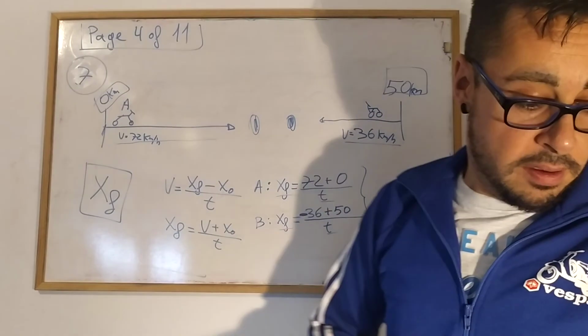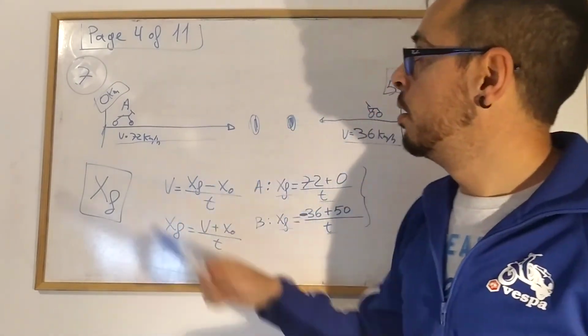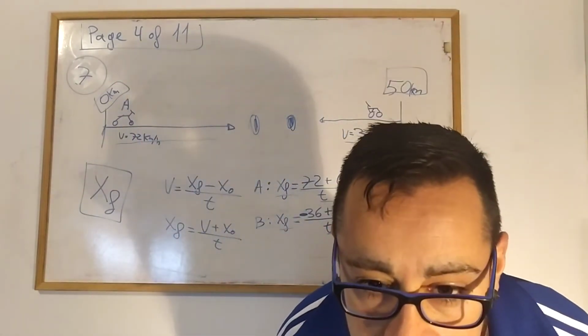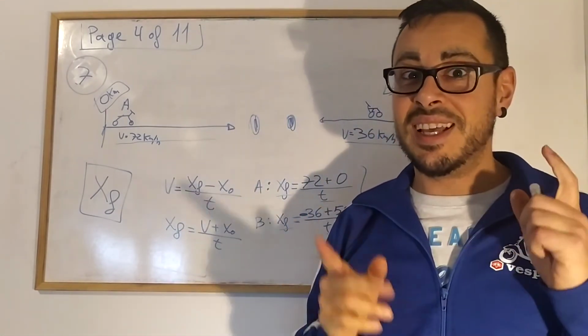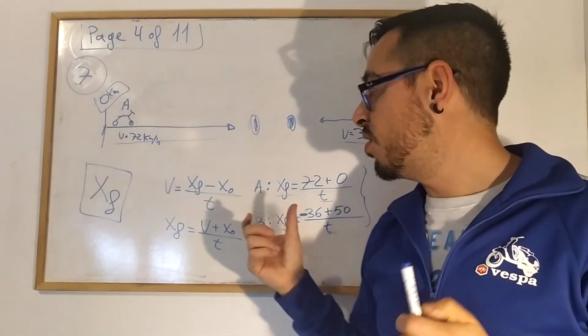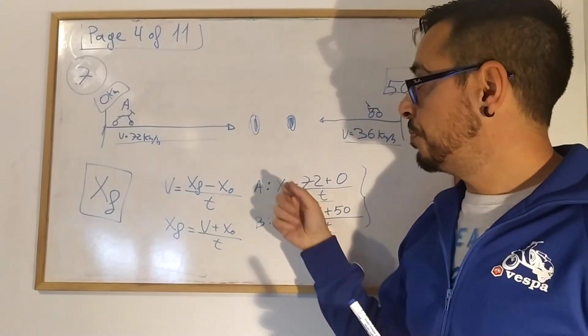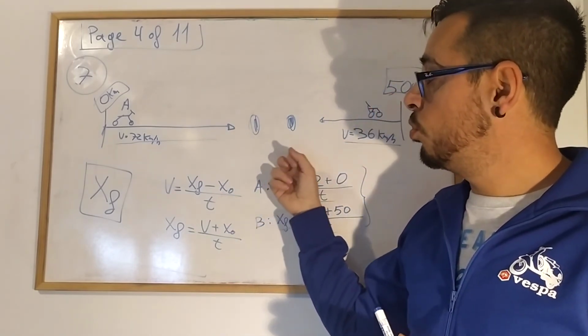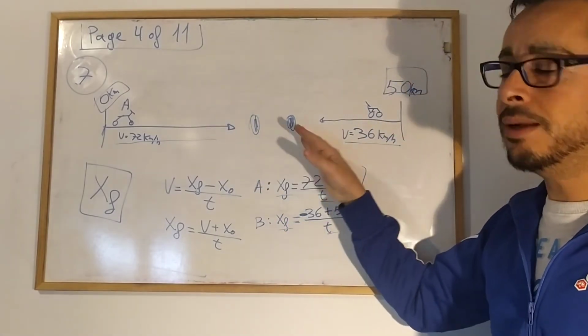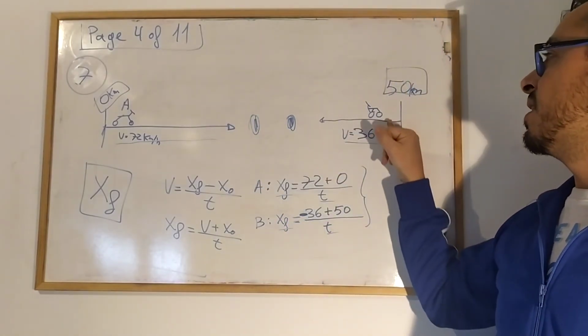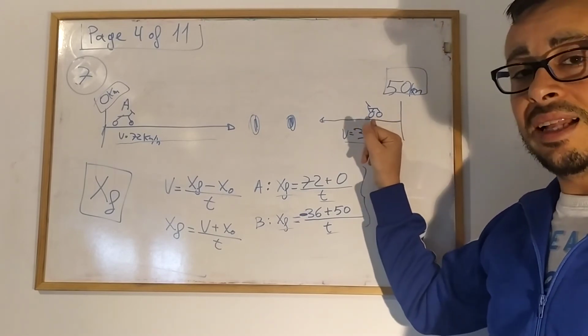So for next day, exercise 7 and exercise 8. Exercise 8 is a bit more difficult because you have the time, okay? It's more or less like this one, but this doesn't start at the same time.